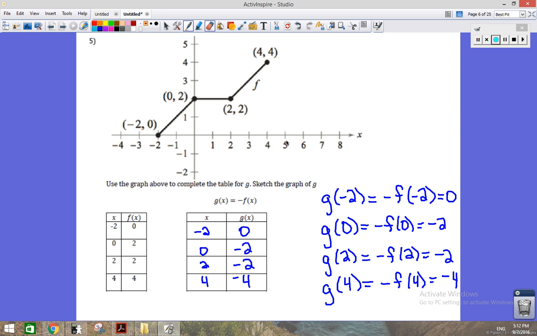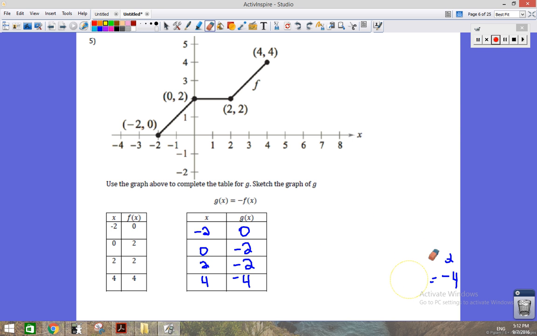So when we plot these points and connect the points, what kind of observation do we notice about this graph? So -2, 0 is the same point that's on the original graph of F. But 0, -2, it had 0, +2, and now I'm going 0, -2. It had 2, 2, but now I'm going 2, -2. And then 4, -4.